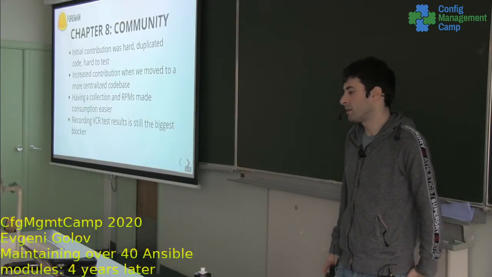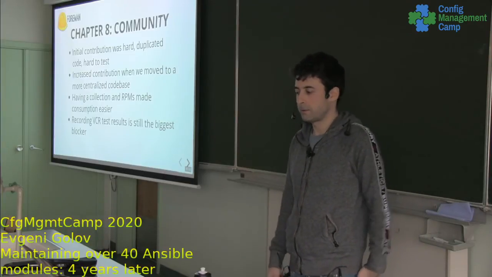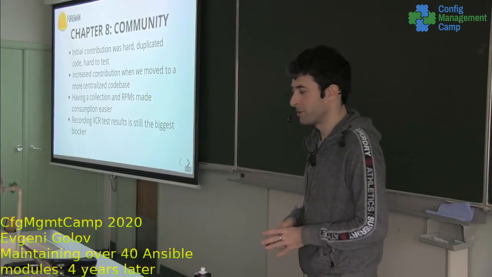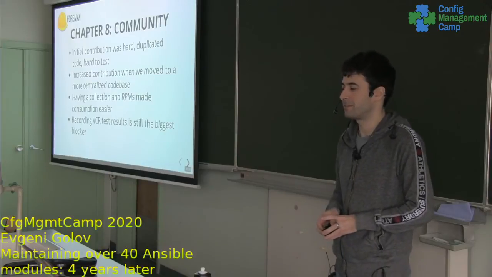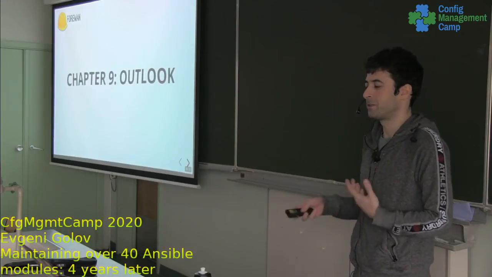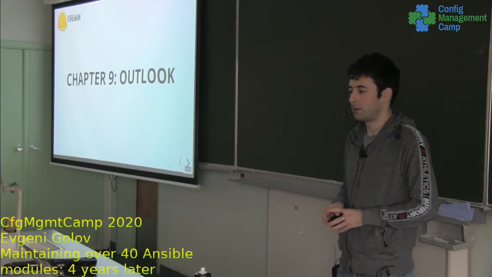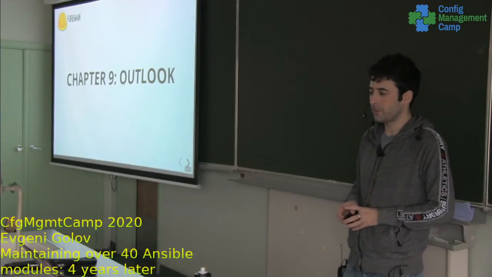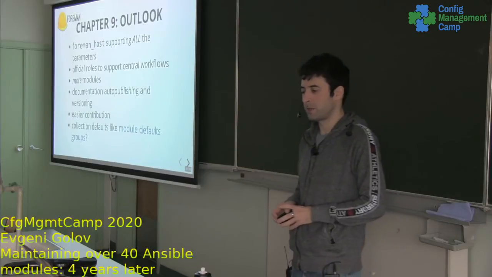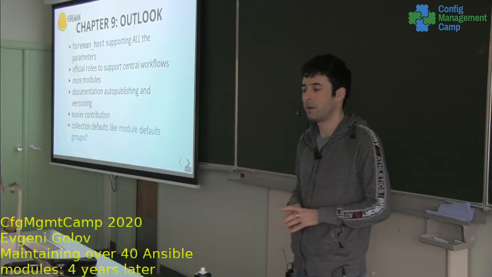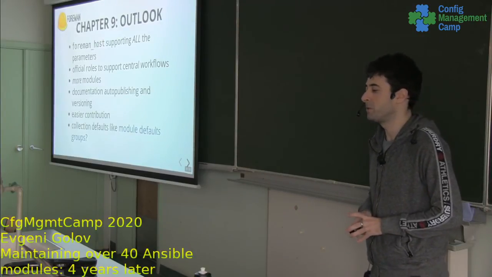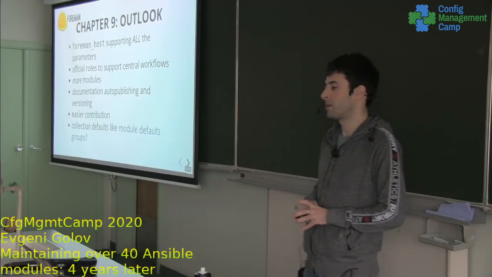But it's getting better. And to acknowledge that I still have only five minutes left, you cannot really end a talk without having a bit of outlook. So what are we working on, like next steps? The Foreman host module is currently very sparse.